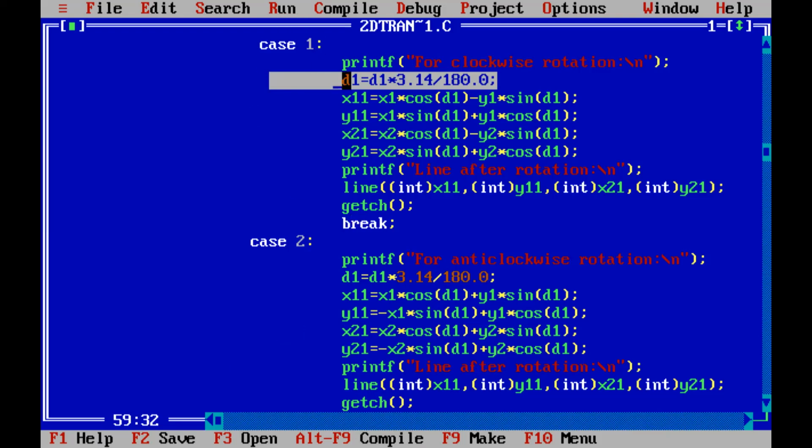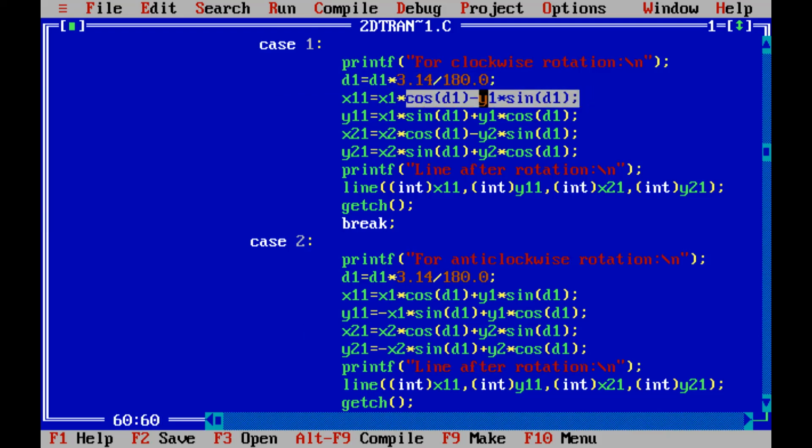Now, once you get that radian angle, pass that into the cos and sine functions, which are inbuilt functions supported by math.h. So these are the formulas to calculate the new parameters x11, y11, x21, y21. These are the new parameters you are getting after rotation, right?